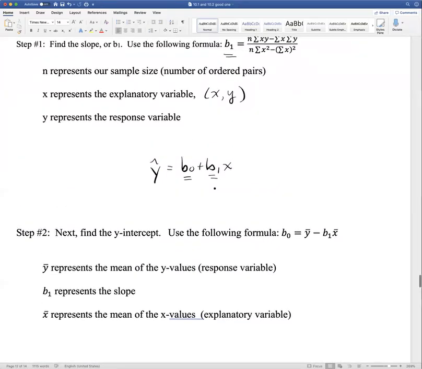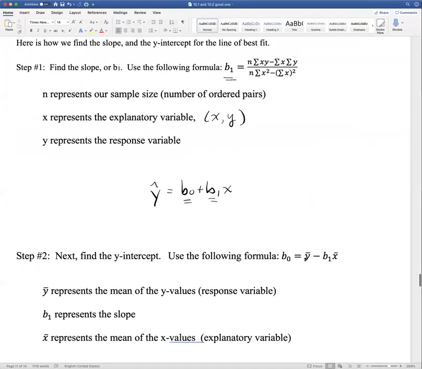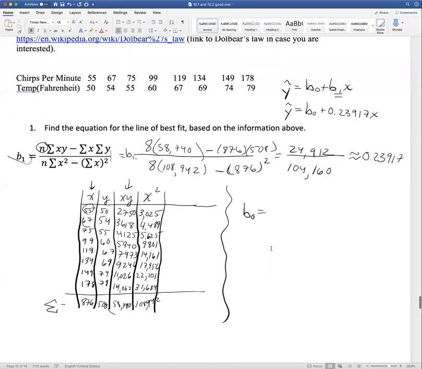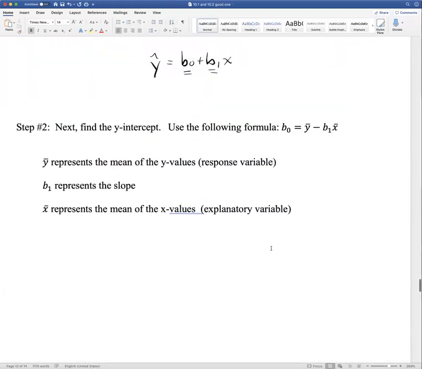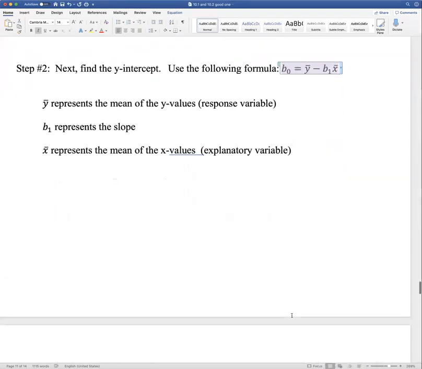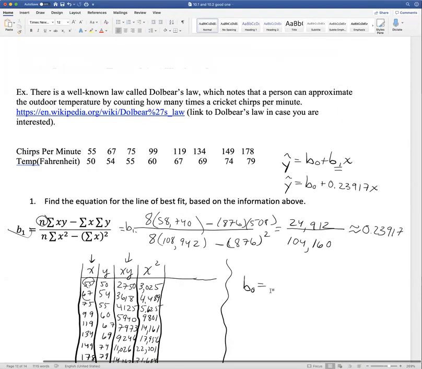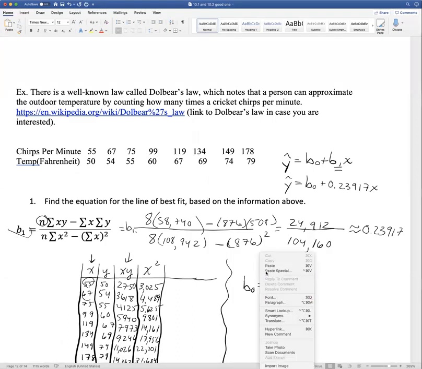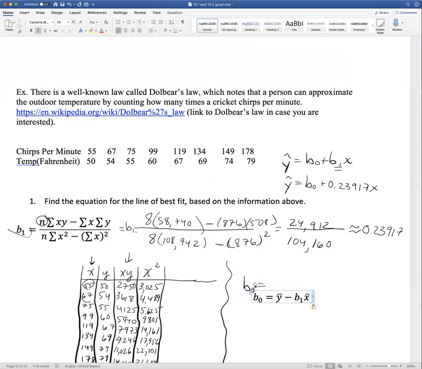So the formula for the y-intercept is this. Okay, so this is the formula for the y-intercept.